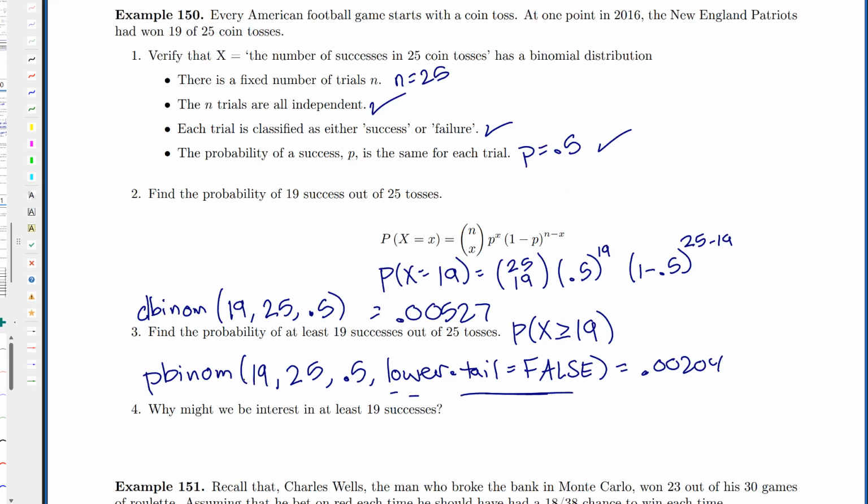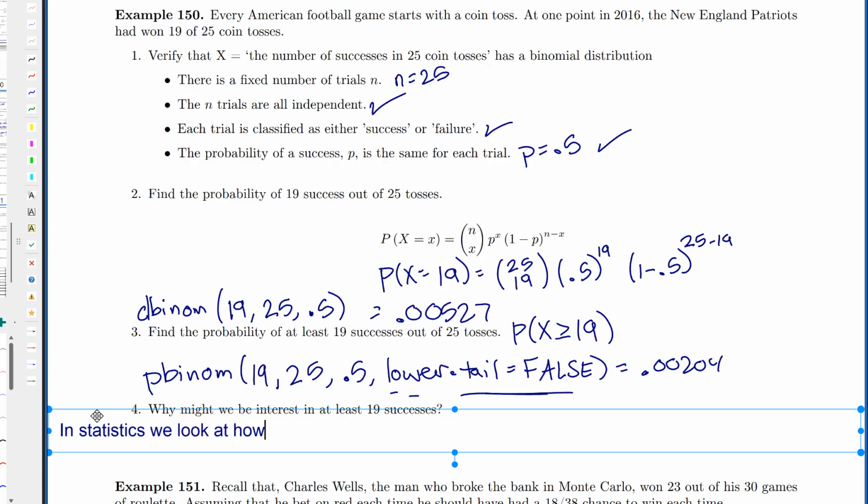Now, why do you think I asked you to find the probability of at least 19 successes? Why would we be interested in at least 19 successes and not just maybe say 19 successes? In statistics, we traditionally always look for something as suspicious as what we got or even more extreme.